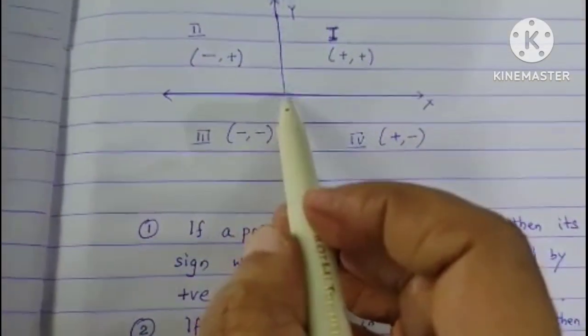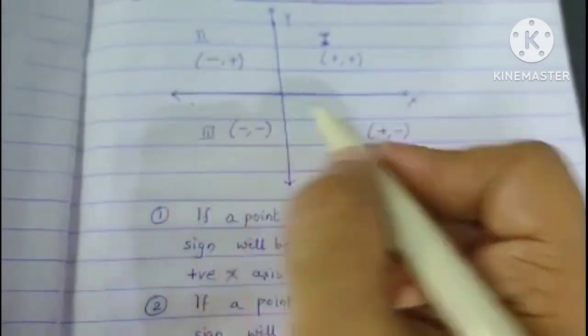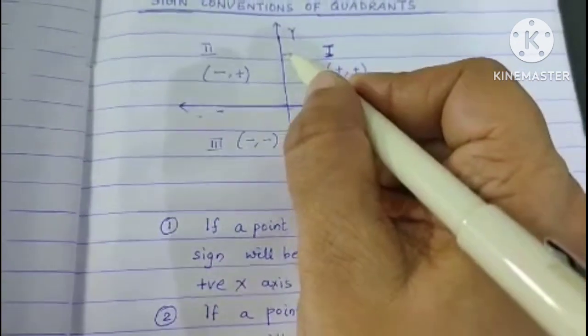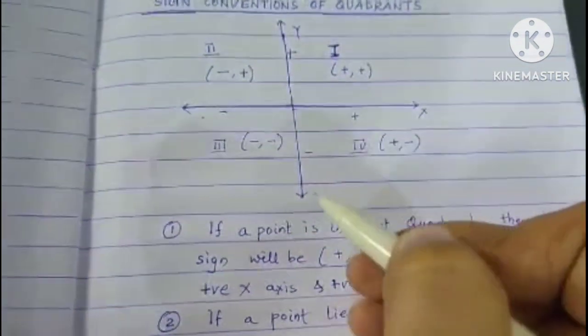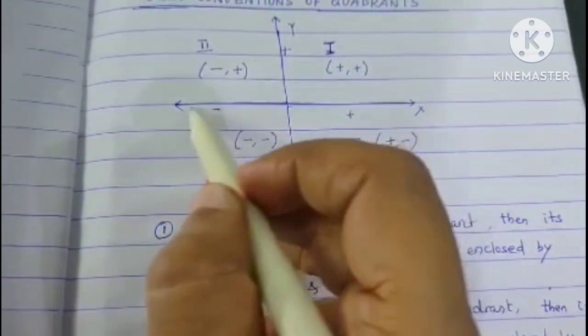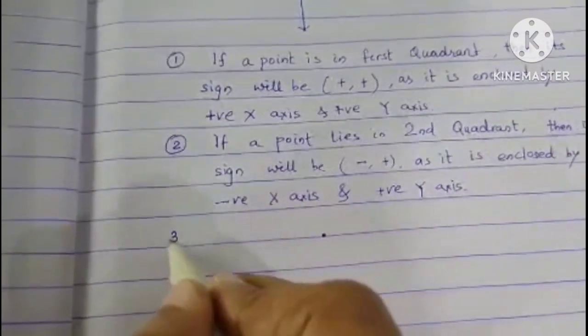As you can see here, for x this side comes negative and this side will be positive. For y, this side is positive and this side will be negative. So this part is enclosed by the negative x axis and positive y axis, so it is minus plus. I think it is clear.